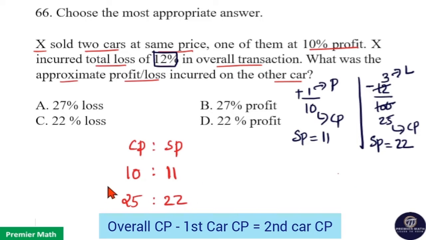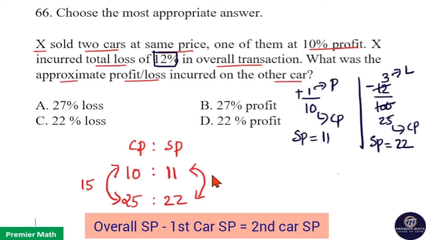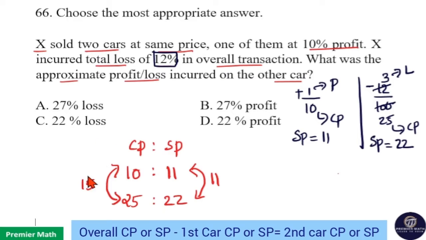Now if you take the difference between cost price, 25 minus 10 is equal to 15 parts. Then take the difference between sell price, here 22 minus 11 is equal to 11 parts. That means cost price of second car is equal to 15 parts and sell price of second car is equal to 11 parts.